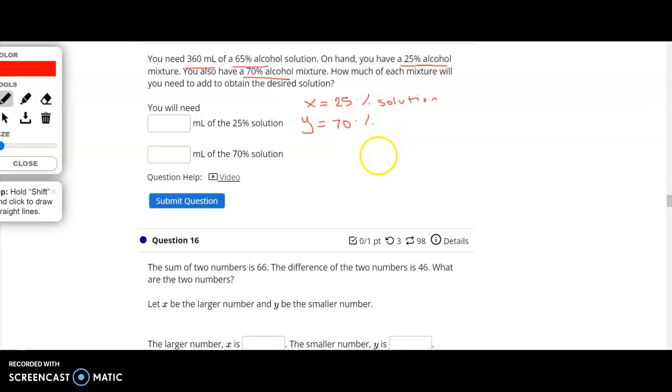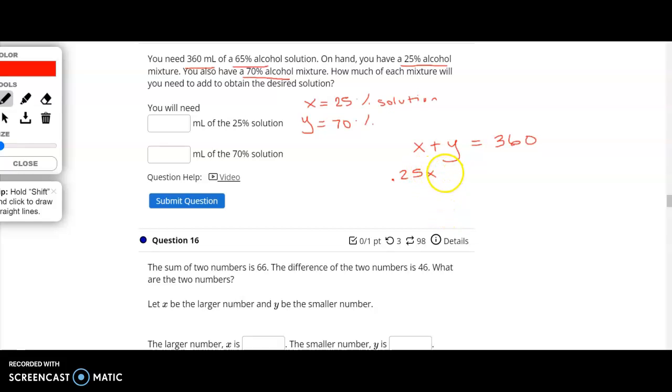Okay? So we're going to have to make a system of equations here. We know we need 360 milliliters total. So we're going to need some amount of that 25% and some amount of that 70%, and together those are going to add up to 360 milliliters. Now, this is kind of similar to some of those other mixed ones, so we want to do 25% times the x, but when we use a percent in math, we want to change it to a decimal when we're putting it into an equation.